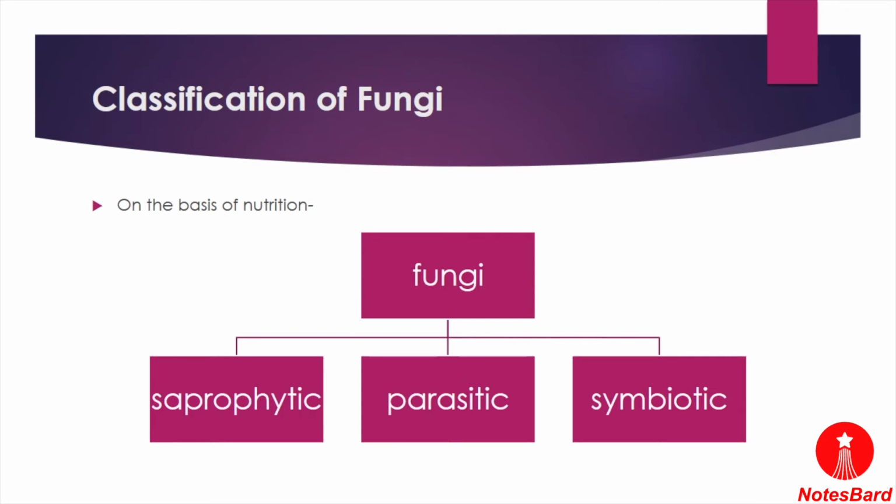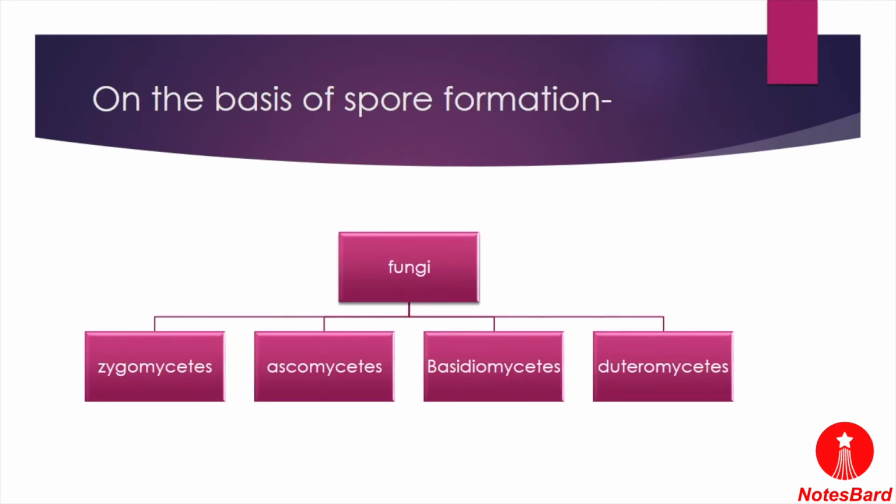The most common example of the symbiotic association of fungal cell and algal cell is called lichens. Another example of symbiotic fungi is mycorrhiza. So these are the fungal groups which are divided on the basis of the mode of nutrition. Now the other base for the classification of fungus is spore formation.